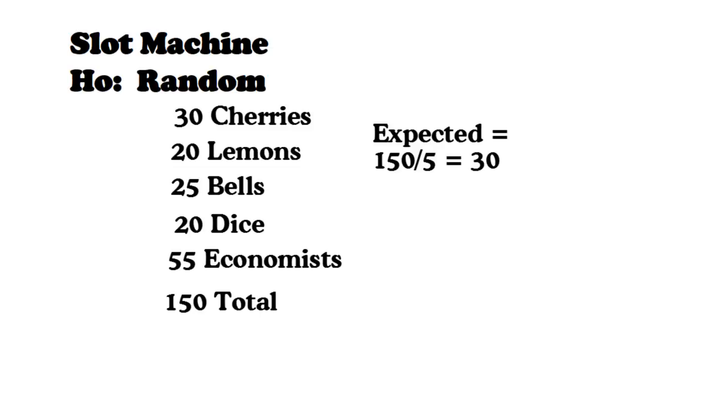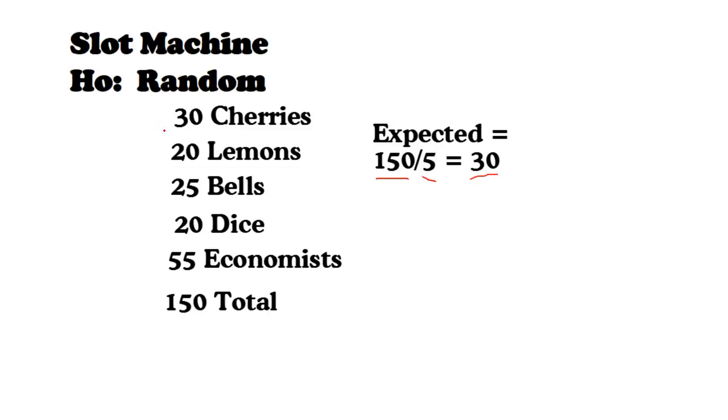We would expect, since we spun it 150 times and there are 5 things on the wheel, that each one's going to show up 30 times, right?